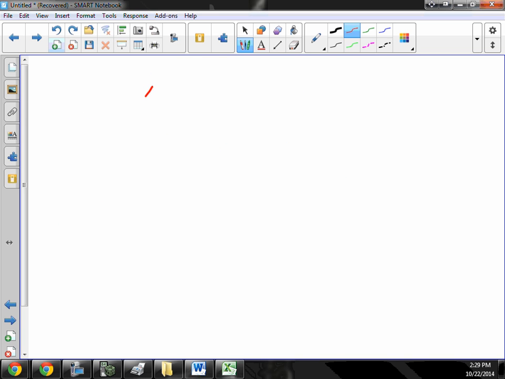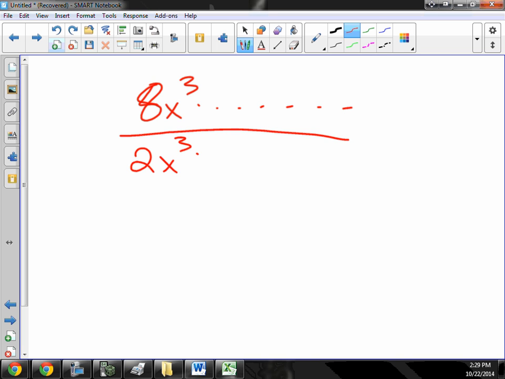All right, so let's look at another one. So what if I had 8x to the third, and I don't care what else is there, and I divided it by 2x to the third. Okay? The whole function is really close to this function, which is really close to y equals 4.